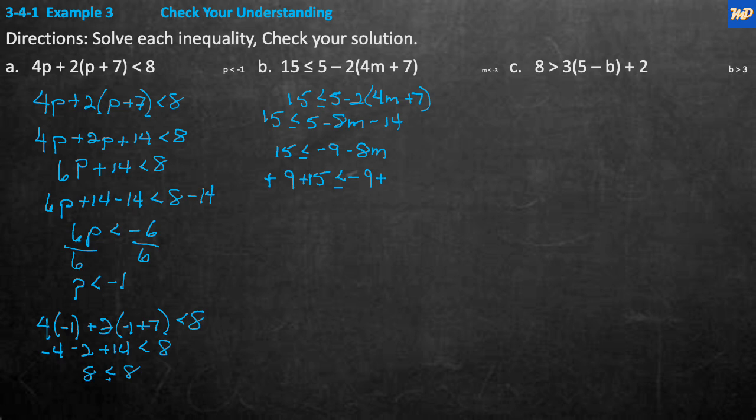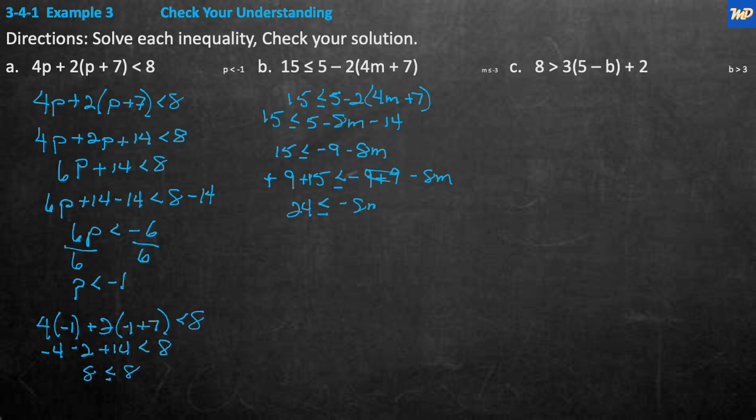So positive 9 plus 15 is less than or equal to, in our case, negative 9 plus 9 minus 8m. So now these 9s here cancel, and we have 9 and 15 is 24. Is that less than or equal to, did I get everything picked up?